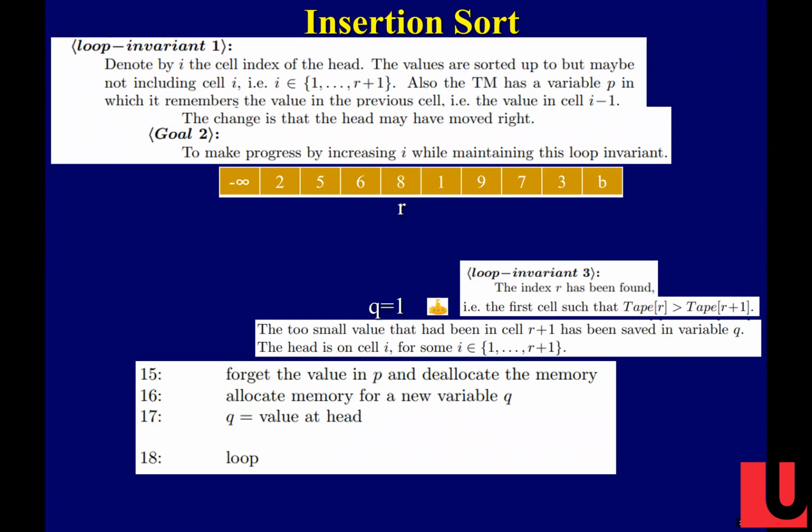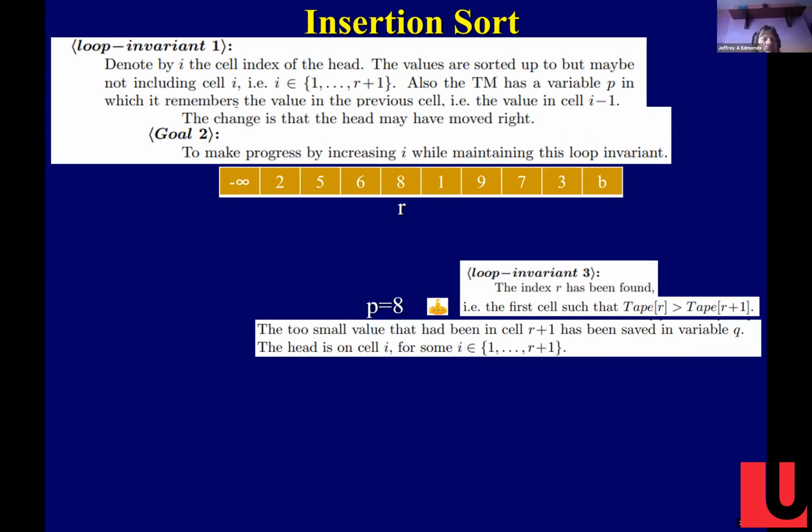You know how we had the value of P before? Wasn't P already the value at head? No, it was the value before the head. Oh, okay then. All right, we needed the value before the head, as when we're moving right, we need the value before the head to know that we're sorted. And when we're moving left, we don't have to check that we're sorted.